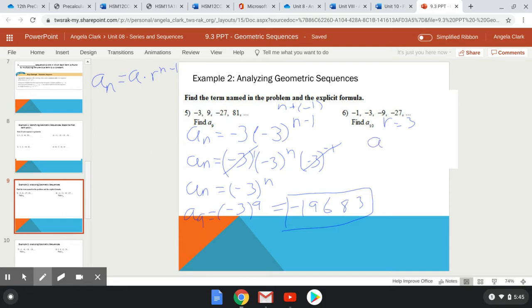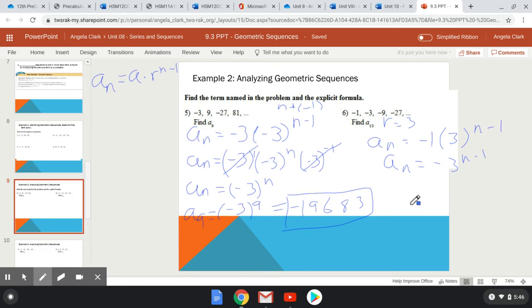So my formula would be a sub n equals the first term, which is negative 1, times 3 to the n minus 1. The only thing we could do to simplify this would be to simply not write the 1, because we don't actually need it. So I could write this as negative 3 to the n minus 1.